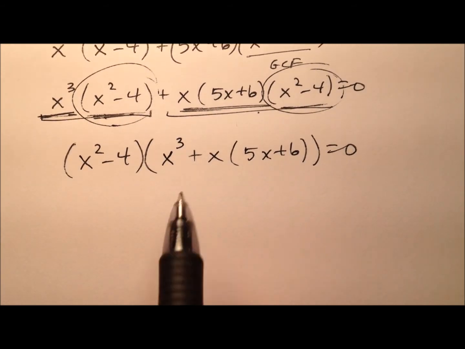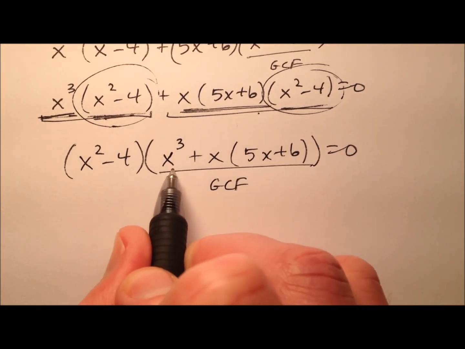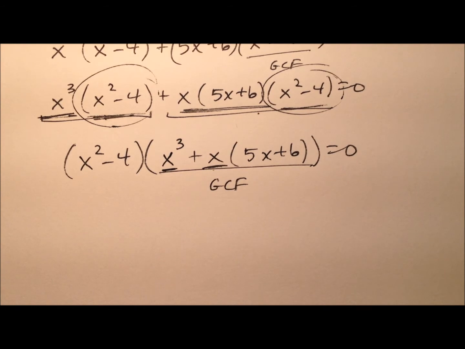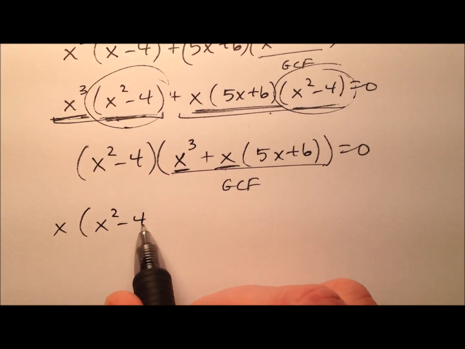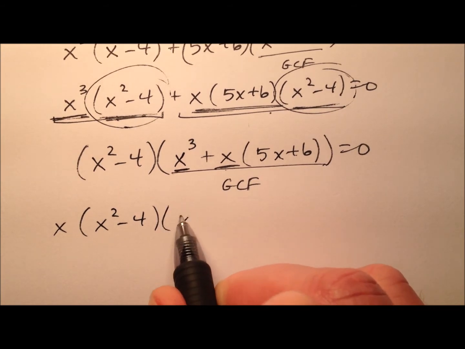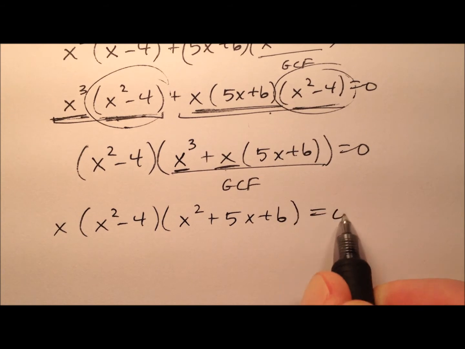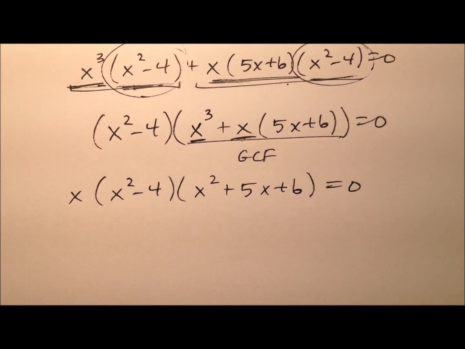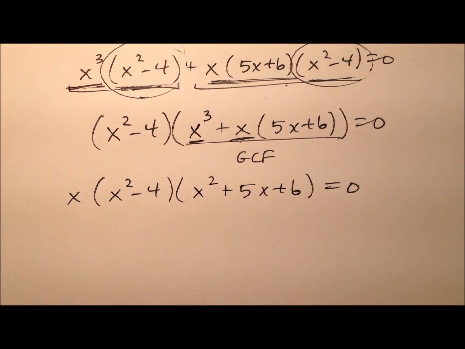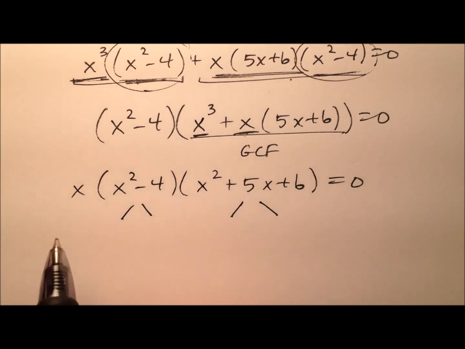Okay? Well, if you look here, once again, I have that x, greatest common factor, that I can pull out. So let's get him out front. X times x squared minus 4, and then x squared plus 5x plus 6, because I took this x out here. Okay, well this looks now like a great place to be because I can use difference of squares here, and this is a really nice quadratic trinomial.